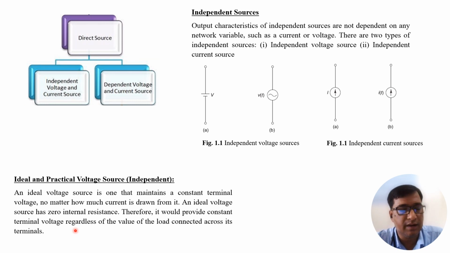Means if you connect a load of, let's say, 1 ohm, or you connect a load of 1 mega ohm, the voltage across that particular element will be constant if the load is supported from an ideal voltage source.